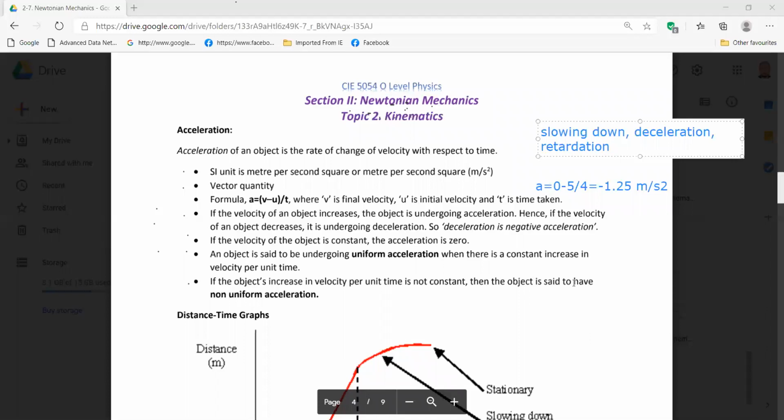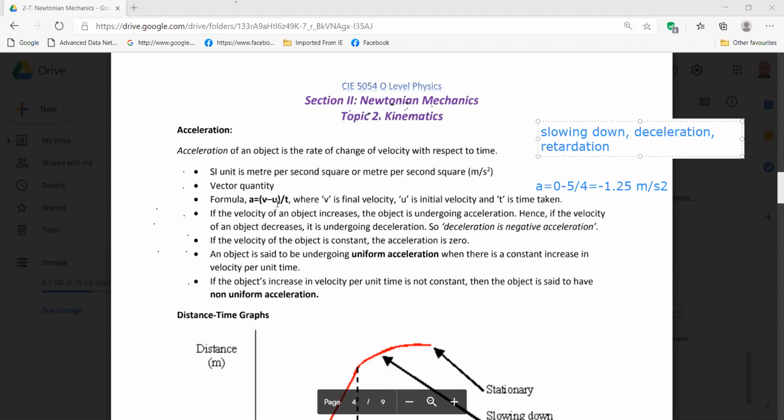Okay, so if it is clear, can we go to the next part? You see, we got another point. If the velocity of an object is constant, the acceleration is 0. For initial velocity and final velocity, we are getting the same value.